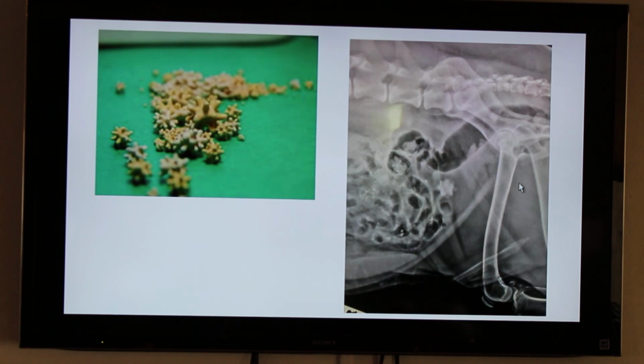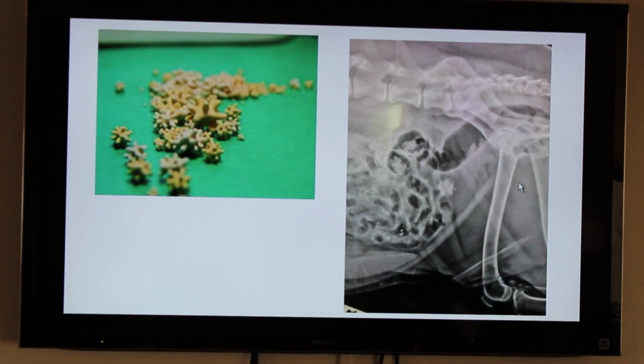And this one's kind of a fun one. So this is a silica urolith. The pH that you find in these can vary. This is a stock picture over to your left of what the stones actually look like. Over to the right was actually from one of my patients in practice, and we took an x-ray and found this pretty little star in its bladder.